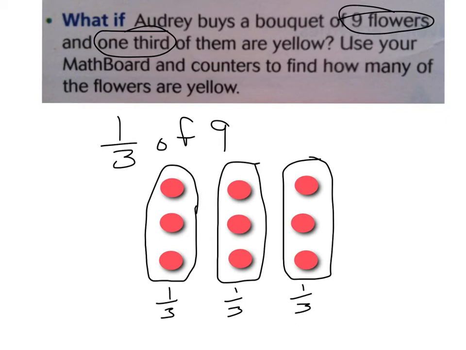I have 3/3 altogether. 1, 2, 3. But I only want to look at 1/3. When I look at only one of the thirds, I see that there are 1, 2, 3 in the group. So there are 3 yellow flowers in Audrey's bouquet.